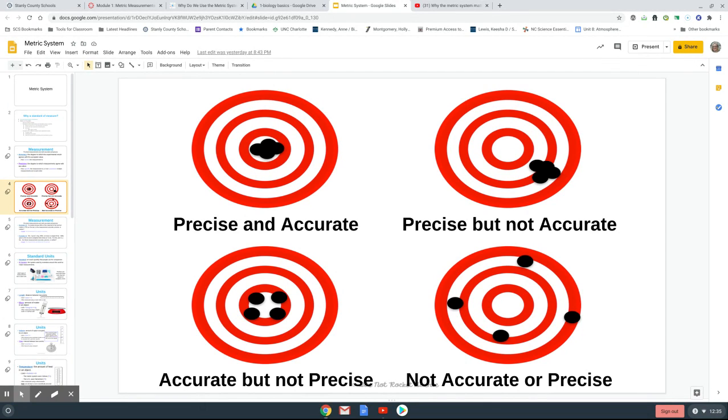This is accurate because you're getting the bullseye. It's not precise because you're not hitting the same exact point every time. Here is neither because none of them are in the same ring. None of them are on the same spot. And so this is why we need a standard. We need that accuracy and precision.